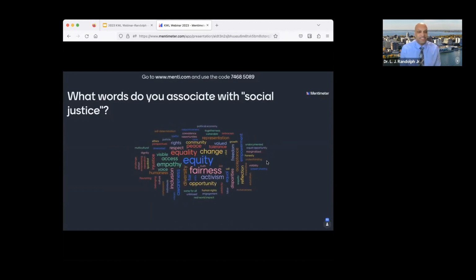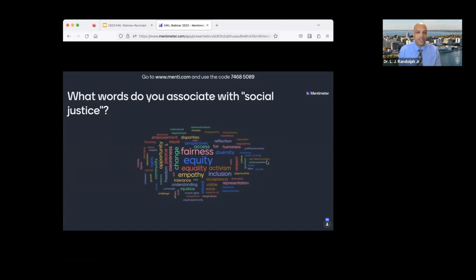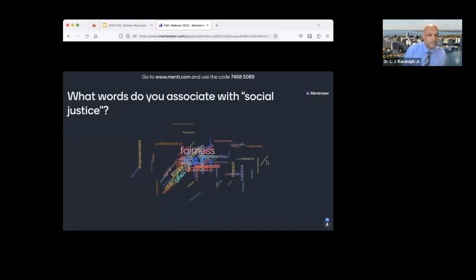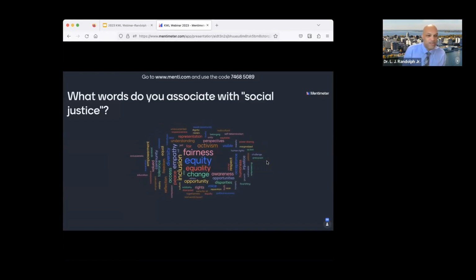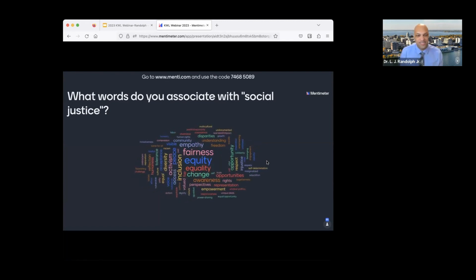Here's what we have then. So of course, equity is huge. Fairness. I see empathy, I see change, I see activism, I see awareness. I'm trying to read the ones that are biggest to me. What else do we have? Power sharing. I think that person cheated. They used a hyphenated word.